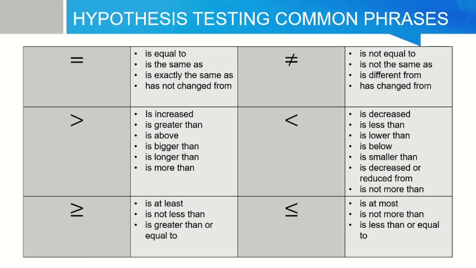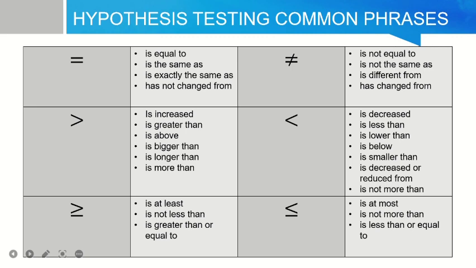We're going to translate it into mathematical notation. Then, kapag nakarinig naman kayo ng phrases ng is increase, is greater than, is above, is bigger than, is more than, kapag yung mga yan ay narinig nyo, that is greater than symbol, diba?